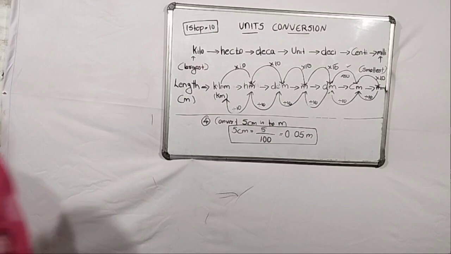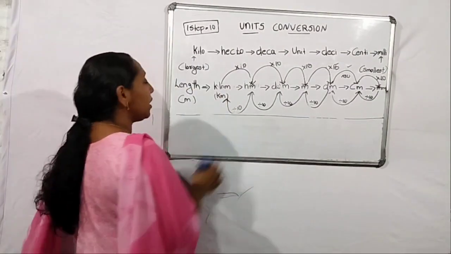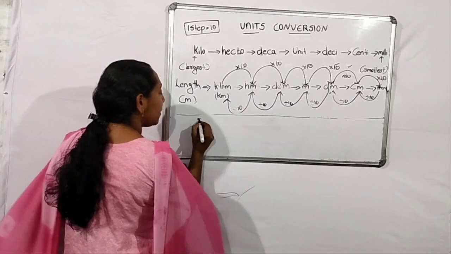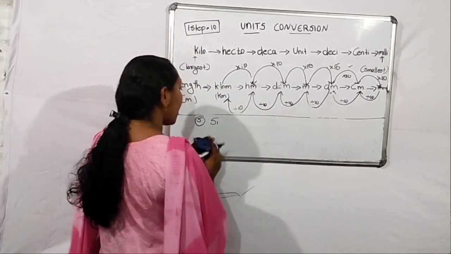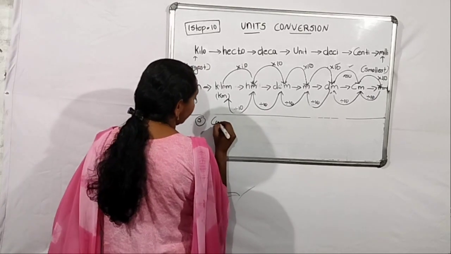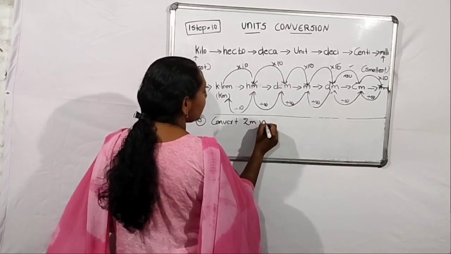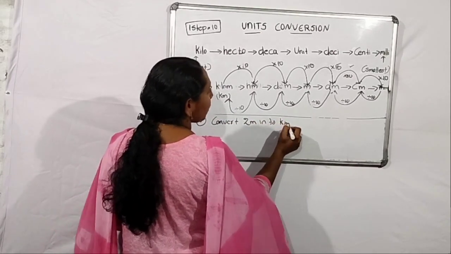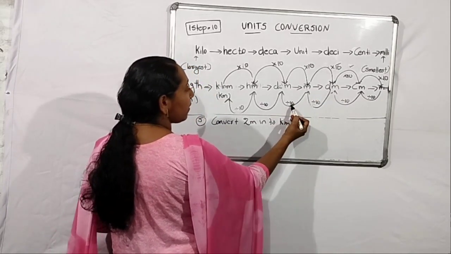Example number 5. Convert a smaller unit into a larger unit. Convert 2 meter into kilometer. You can see here meter is here. Then next one is decameter, 1 divided by 10.